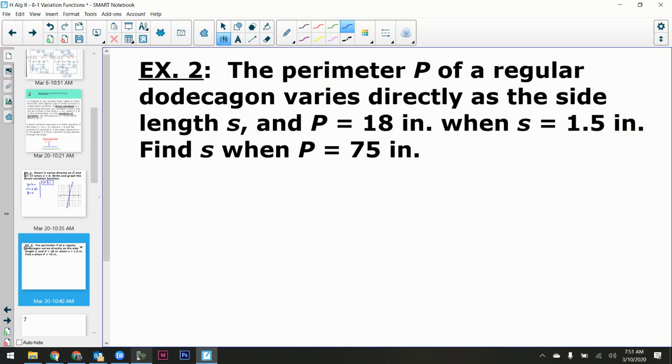Okay, guys, how many sides does a dodecagon have? 12. 12 sides. What's my k value? Because we know perimeter varies directly as the side length. Right? So P is equal to kS.